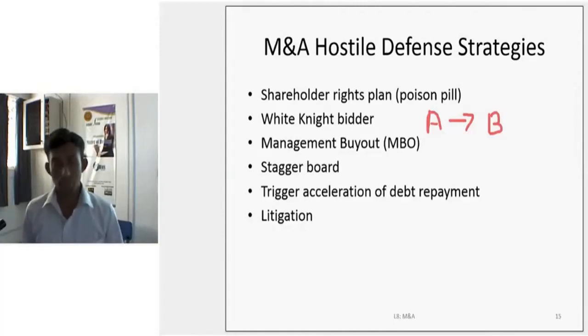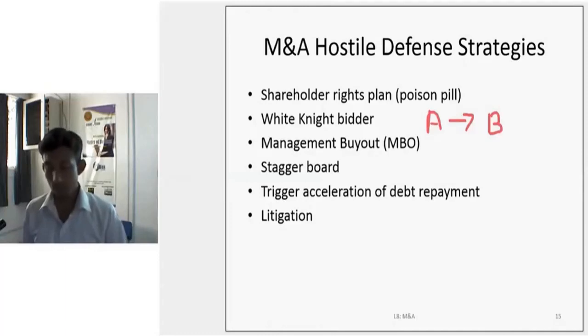B will not be able to survive the amount of money that we are taking as the voluntary package. So A will not be attracted to take over B, because they know that once they take over B, they will not get the benefit. Therefore, all these poison pills in the corporate world are used to defend against A taking over B.